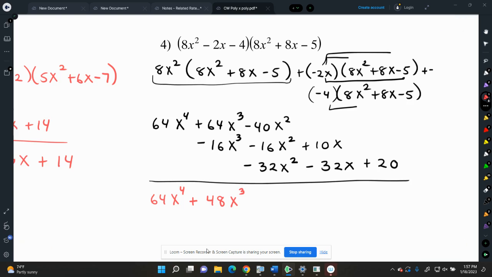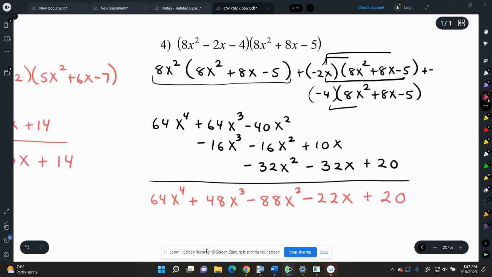Now I have minus 40 and minus 16, so that's minus 56. Minus 56 minus 32 is minus 88x squared. And then we have plus 10 minus 32, so that's minus 22x. And then plus 20, and we're done.